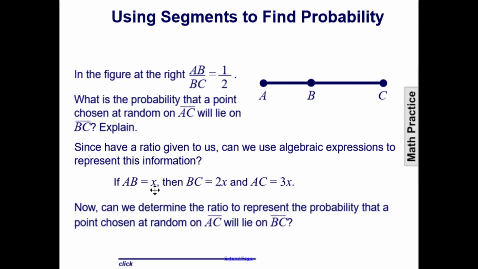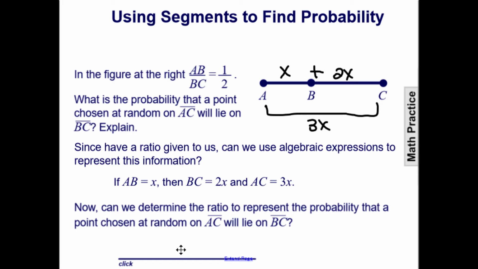So if AB equals X, then BC equals 2X due to our ratio, and AC would then be a total of X plus 2X, which would give us 3X. Now we can determine the ratio to represent the probability that a point chosen at random on AC will lie on BC, can we?